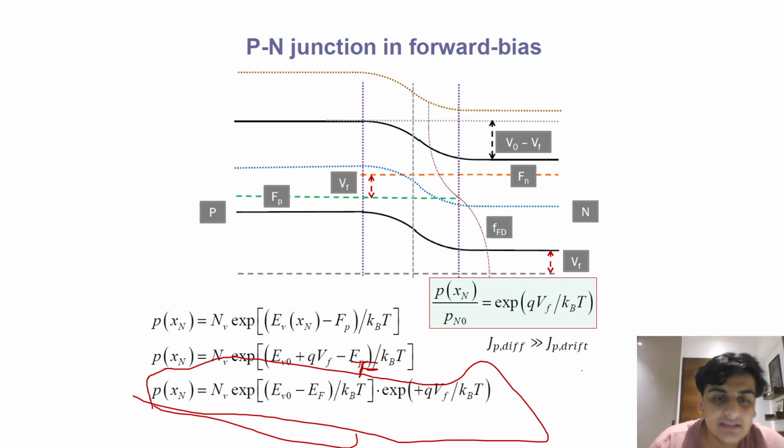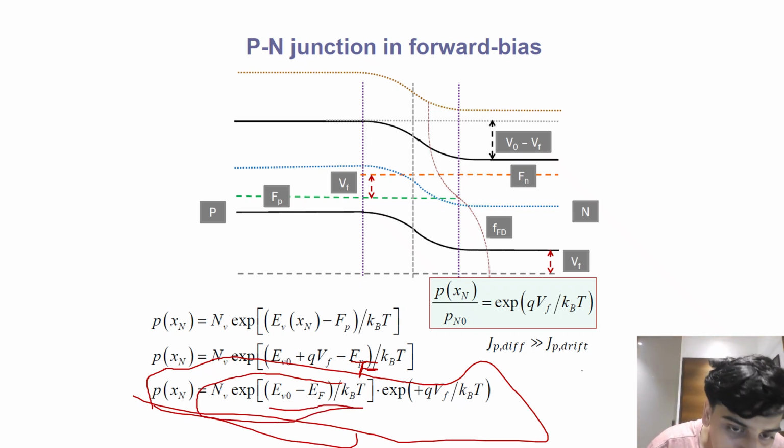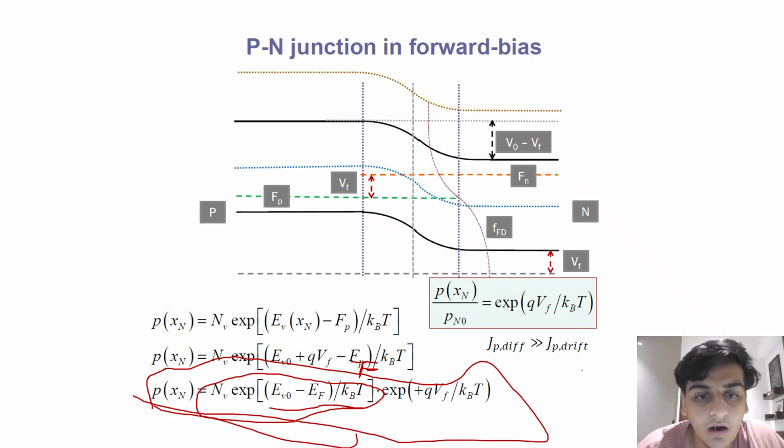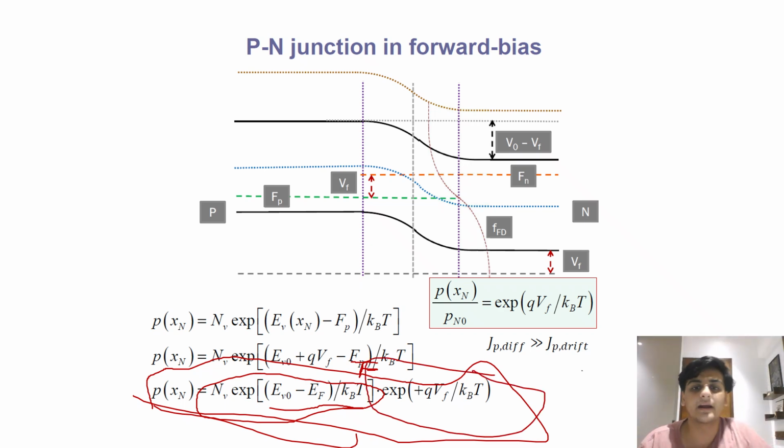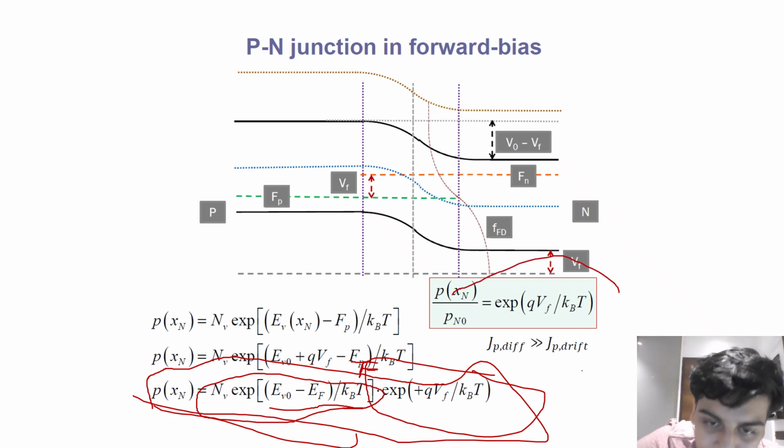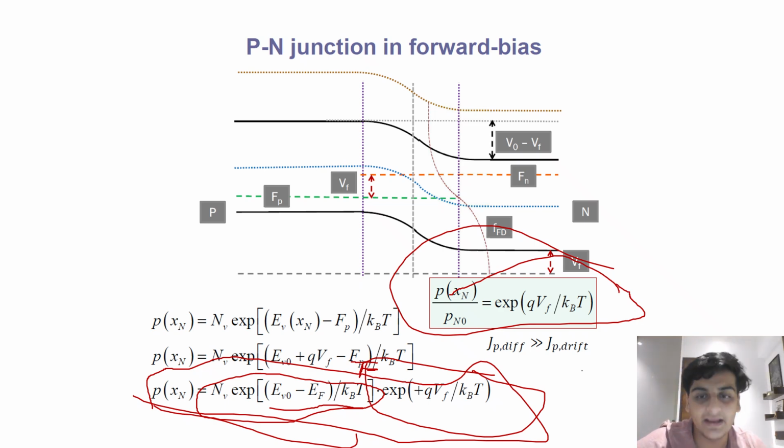And if you notice, this part of the expression is nothing but the equilibrium concentration when we had the valence band at equilibrium, and this is the factor that gets multiplied with respect to the equilibrium concentration. So because of this splitting, you can go through the steps and see that your concentration becomes raised by this exponential factor dependent on the bias that you put.